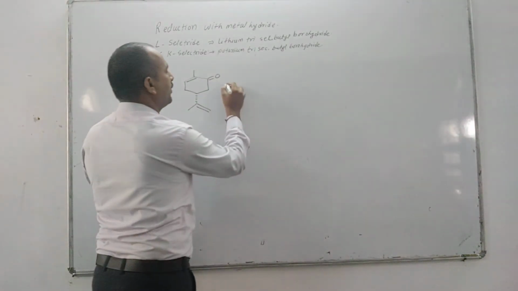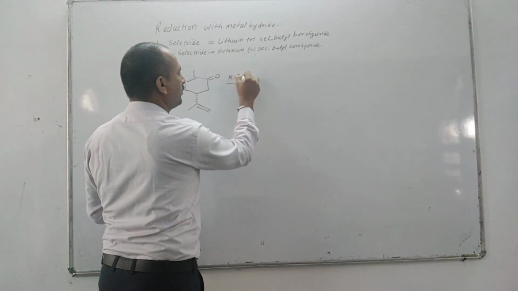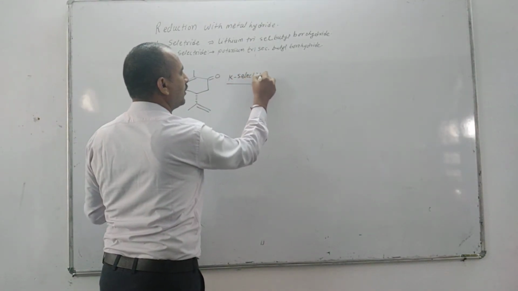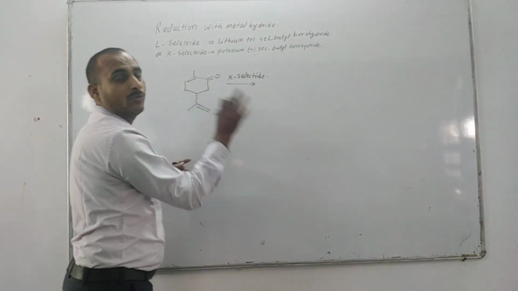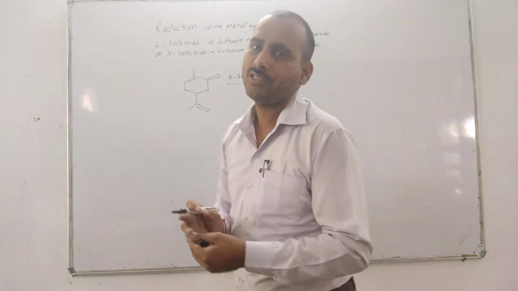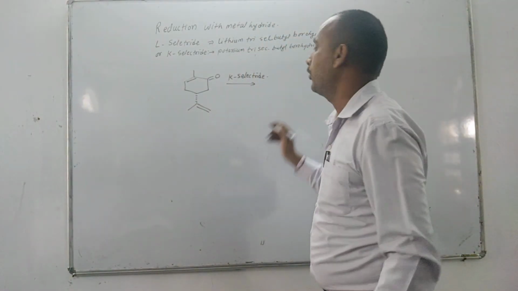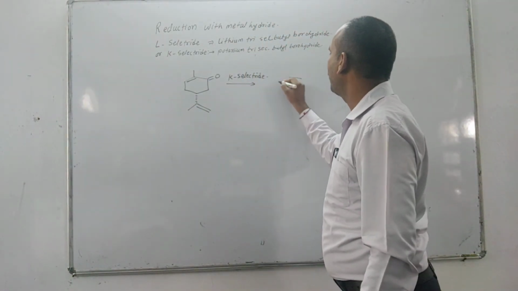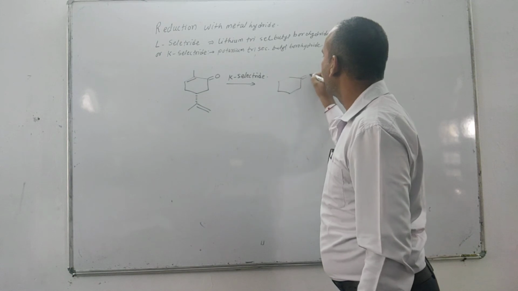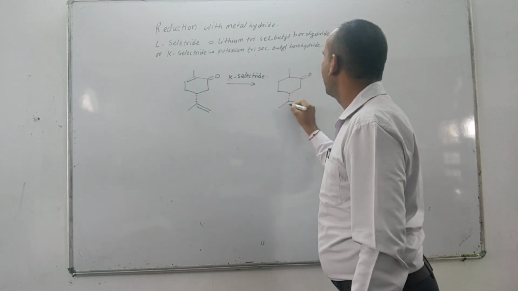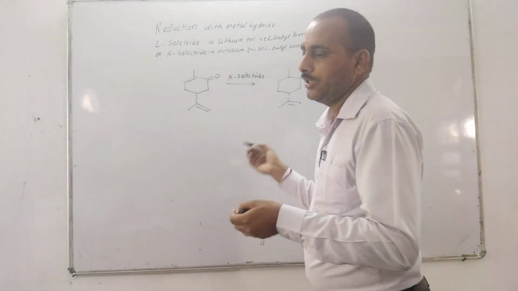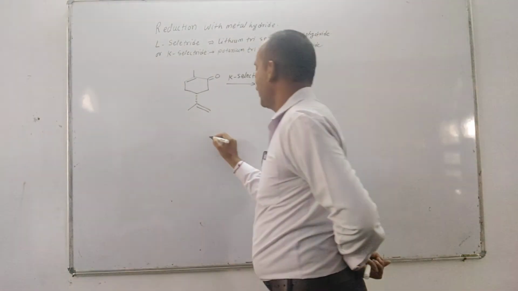Now in presence of K-selectride, as there is no steric hindrance at the 1,4 position, therefore 1,4 reduction takes place at the 4 position. There is no steric hindrance, therefore 1,4 reduction takes place, and the product obtained is this one. Then let's see another type of example.